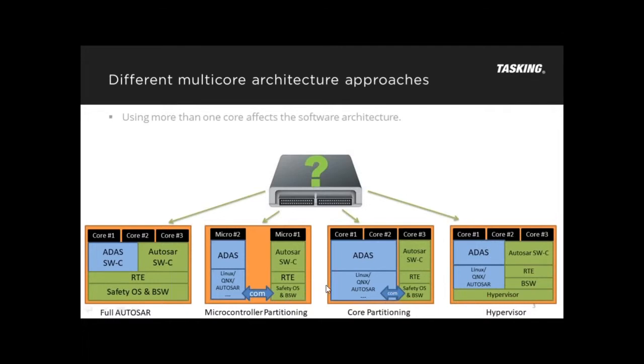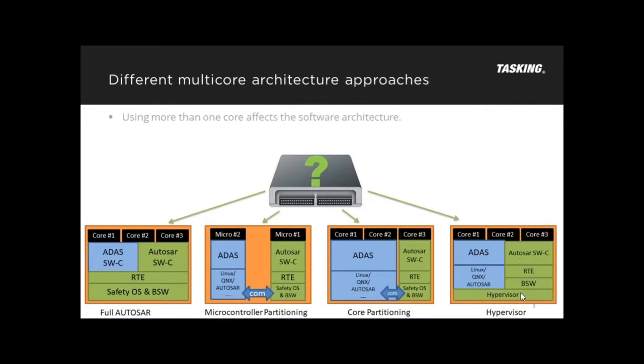Or some system architects decide to go for core partitioning, and for this they dedicate 2 cores, for example in this example, for the ADAS, and for the safety side, they dedicate 1 core. Or some system architects decided on the fourth one, which is a hypervisor methodology, where they use a hypervisor and more than one operating system, and let the hypervisor monitor these two or more operating systems.